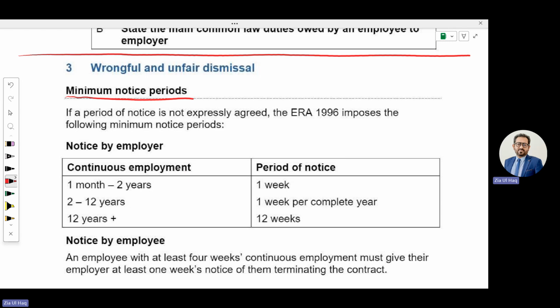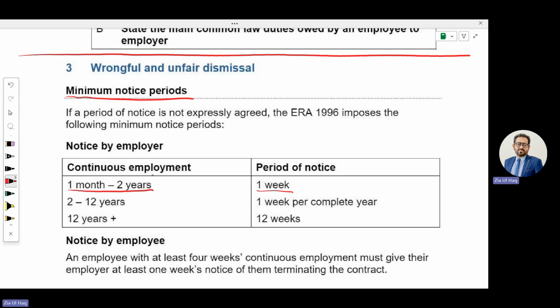Continuous employment: if the employee has worked in the organization from 1 month to 2 years, the minimum notice period required is 1 week. At least 1 week before dismissing the employee, the employer has to inform him. After 1 week, you will be dismissed.